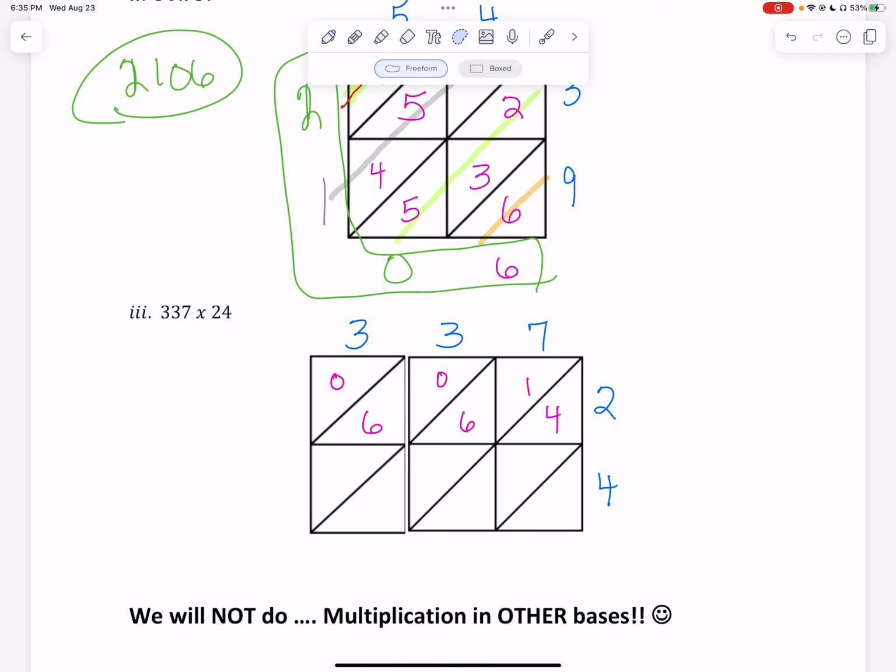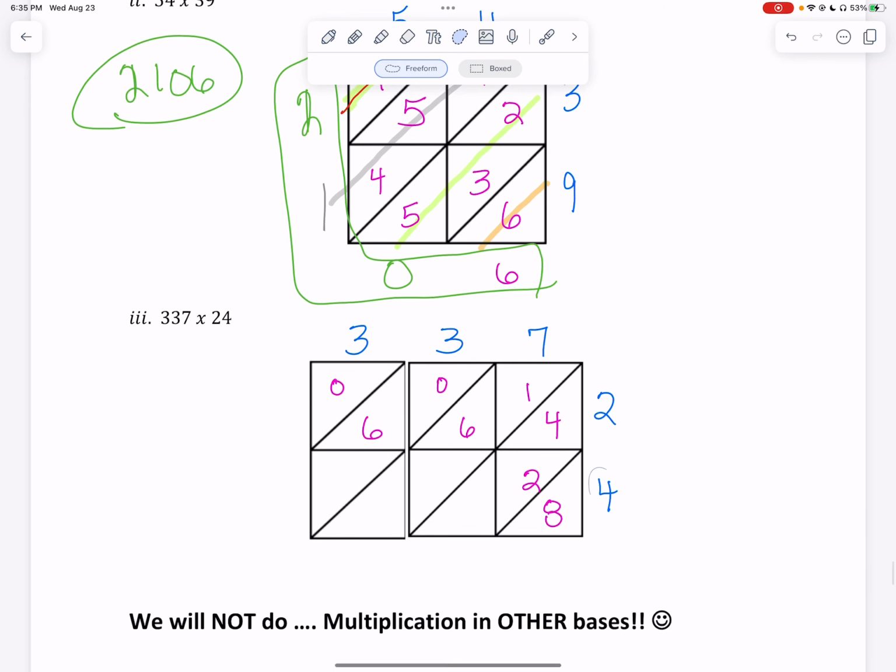And then 7 times 4 is 28. Again, you can skip around, but you probably will want to do it the same way each time, just so your students don't get confused. I've sort of been skipping around.